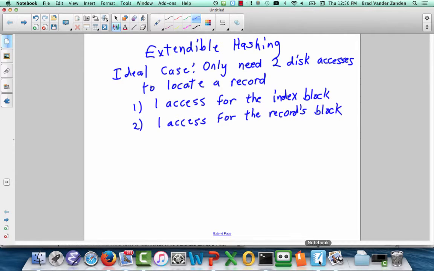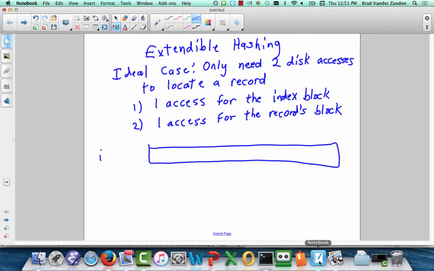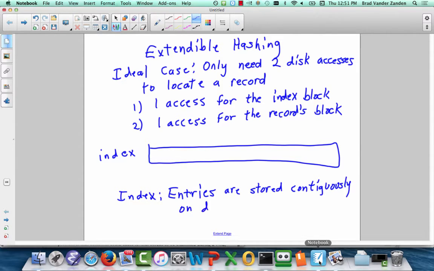And the idea, again, is that the index is laid out as though it were an array. So the requirement is that the index entries must be stored contiguously on disk, just like in main memory, the entries in an array are stored contiguously.